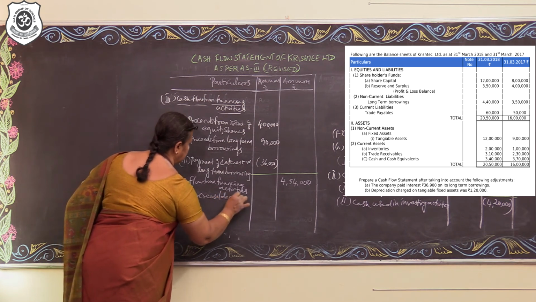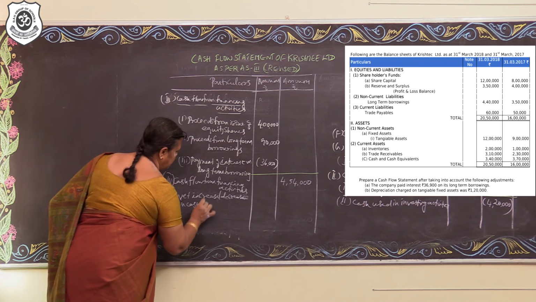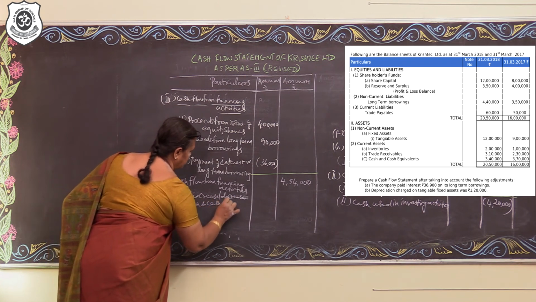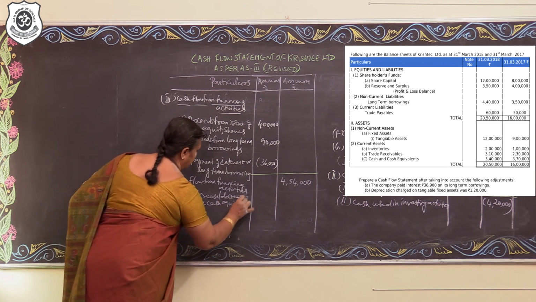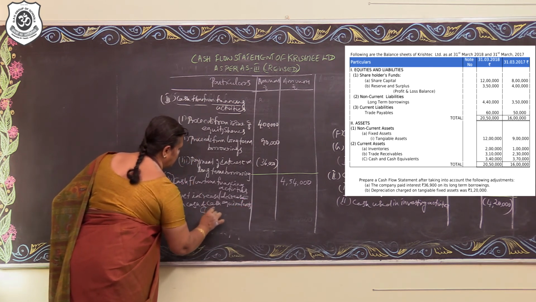Now Roman letter 5, net increase or decrease in cash and cash equivalents will be 1 plus 2 plus 3.